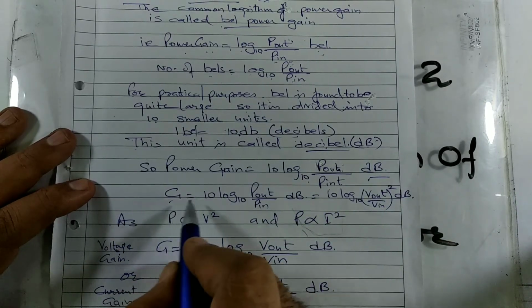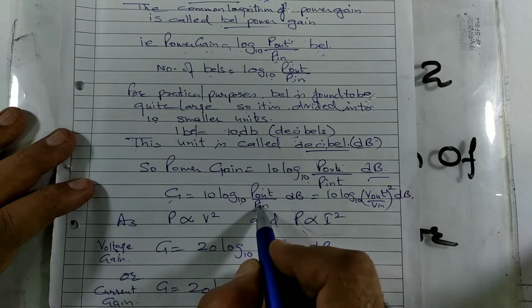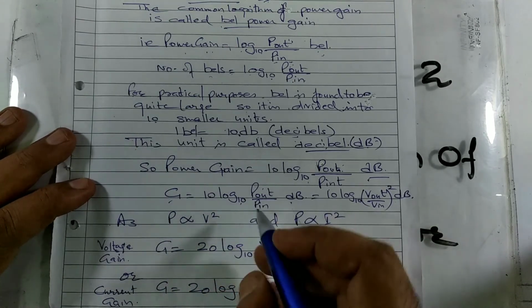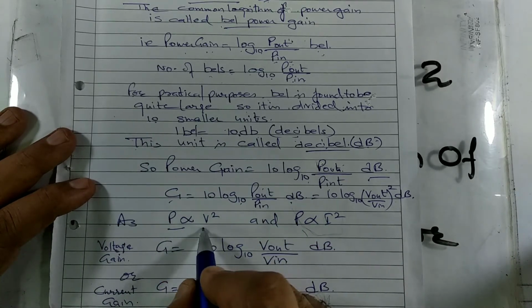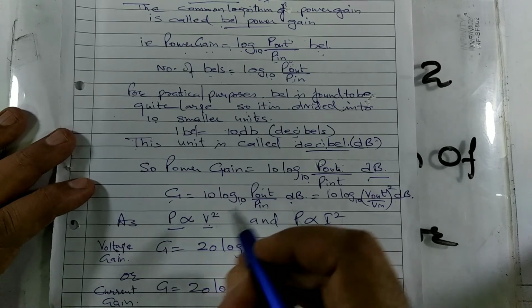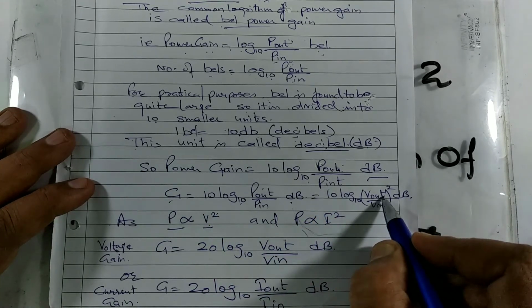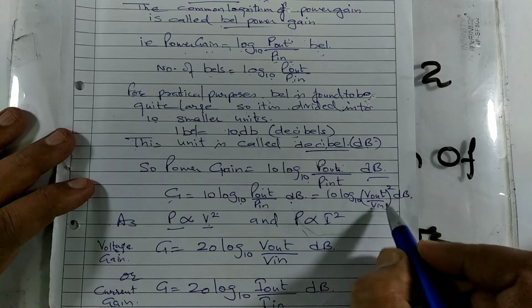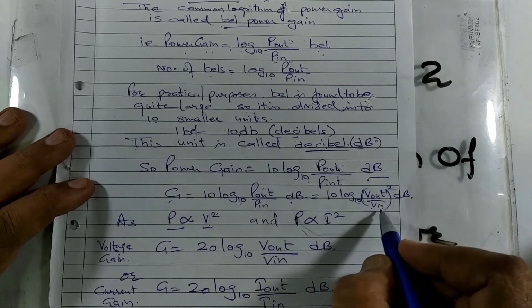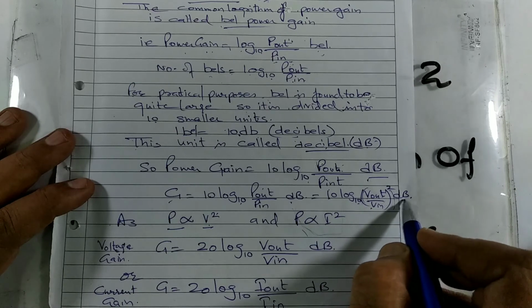So the gain is equal to 10 log base 10 Pout by Pin decibels, or we know power is directly proportional to voltage raised to the power 2. So we can put Vout square upon Vin square, so the whole square. So 10 log base 10 of Vout upon Vin whole square dB.